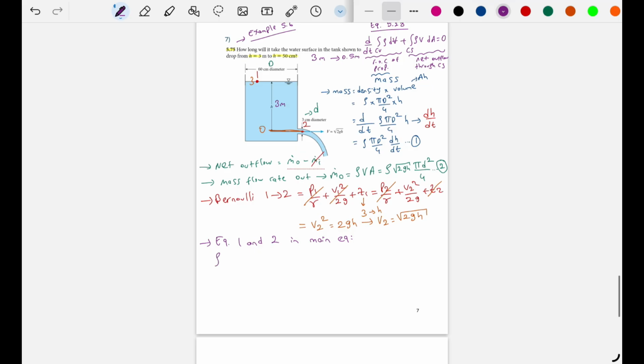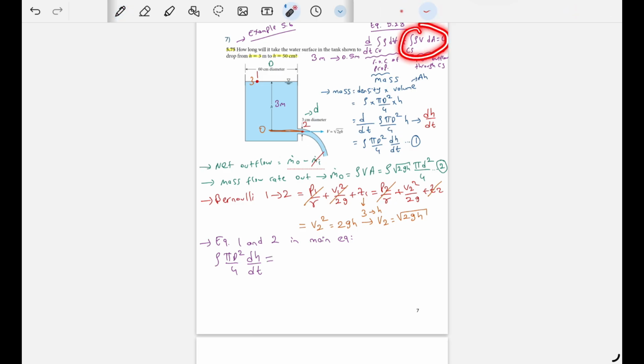So we'll get rho pi d square over 4 dh over dt. And if we move this term to the other side, it will be negative rho 2gh pi d square over 4.